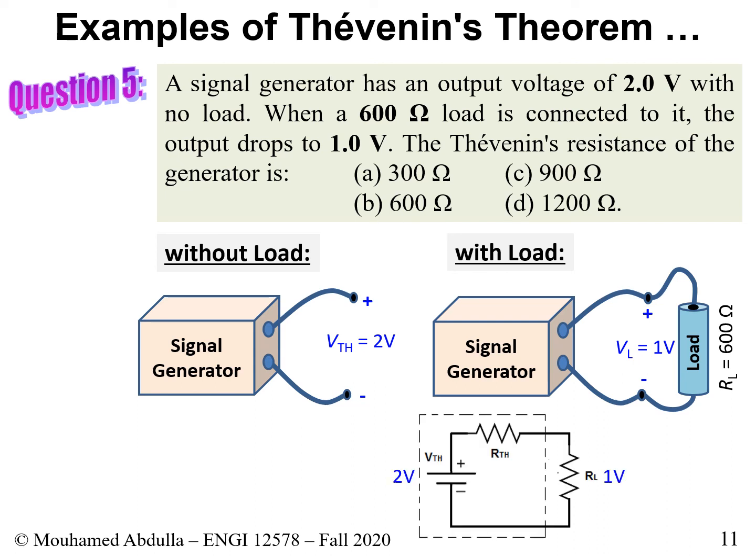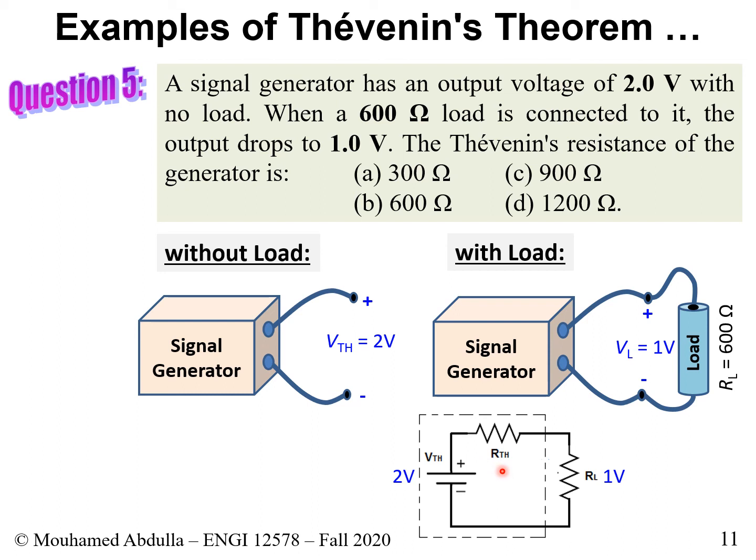Okay, so you could think about it from a circuit point of view. You have a load of 600 ohms and it consumes 1 volt. Overall, you have 2 volts. You put a load, it has 1 volt. You have one other volt that is consumed somewhere. Where would it be consumed? It would be consumed inside by the internal resistance of your system.